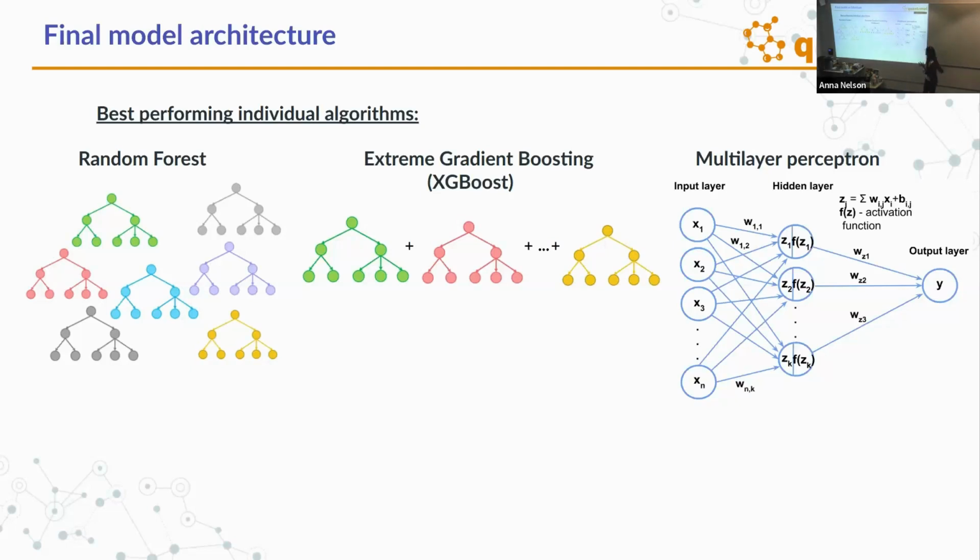And our third best performing model was the multilayer perceptron, which is just a simple neural network architecture. It's a simple feed-forward neural network with fully connected nodes, and should contain at least 3 layers: an input layer, 1 or more hidden layers, and an output layer. The hidden layer receives the signals from all the nodes from the previous layer, calculates the weighted sum of these signals, and adds some bias.